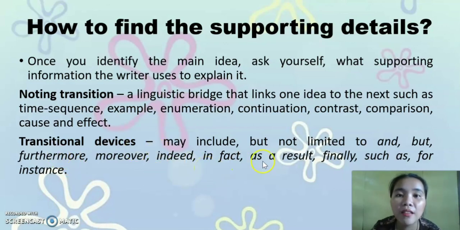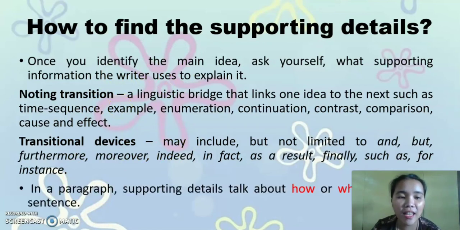But it does not mean it stops there, okay? As what I've said, there are noting transitions, for example continuation, or contrast with the main idea, comparison, and cause and effect, okay? So remember this, class. These are the hints or clues for you to find the supporting details.